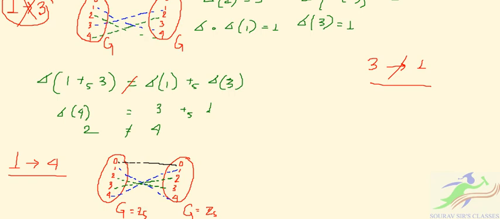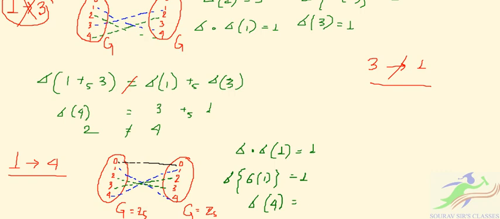So let's just find this thing, that so we know that sigma composite sigma of 1 is equal to 1, and sigma of 4 is equal to 1.